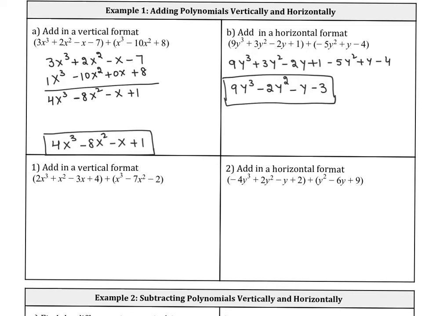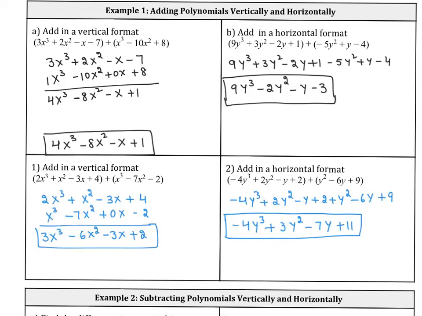Now you're going to try 1 and 2. Pause the video and try 1 and 2 and then match the answers with me. For question number 1, I'm going to write this polynomial here on the top, and on the bottom I'm going to underline this polynomial. So x cubed underneath x cubed, x squared underneath x squared term.